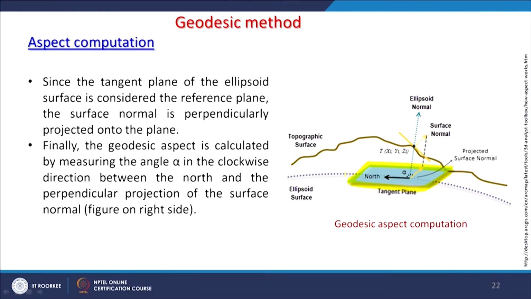Again we come to the point that aspect is always measured in a horizontal plane. So, the surface normal is perpendicularly projected onto a plane, and finally the geodesic aspect is calculated: the angle alpha is measured clockwise between north and the perpendicular projected normal. So, if it is towards west, then this angle will be calculated.